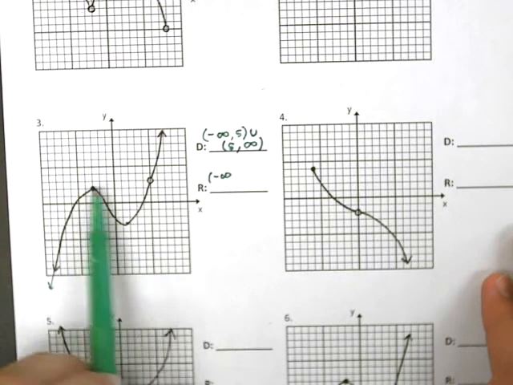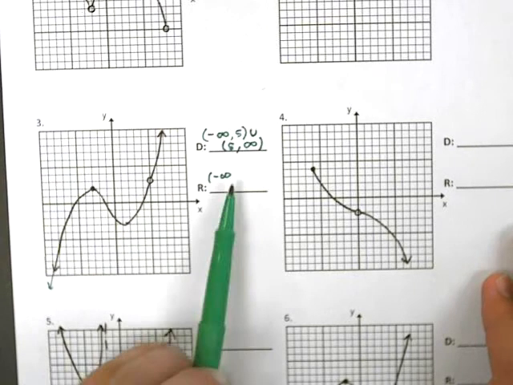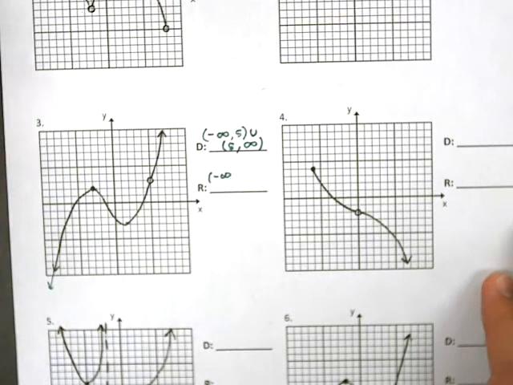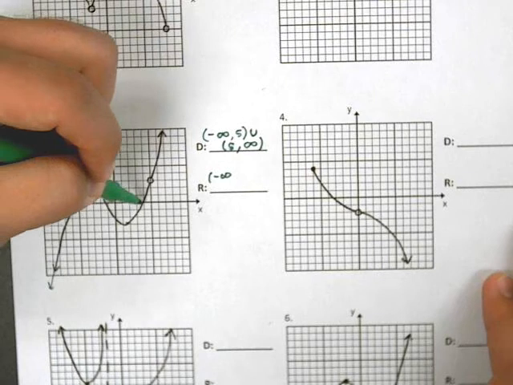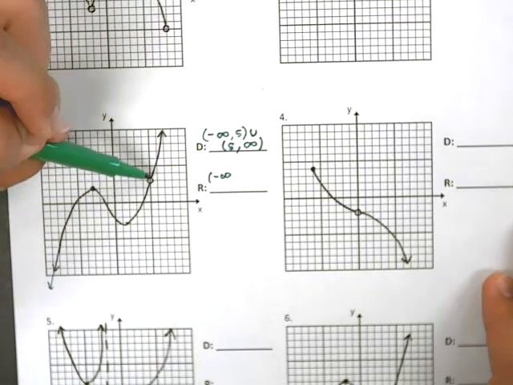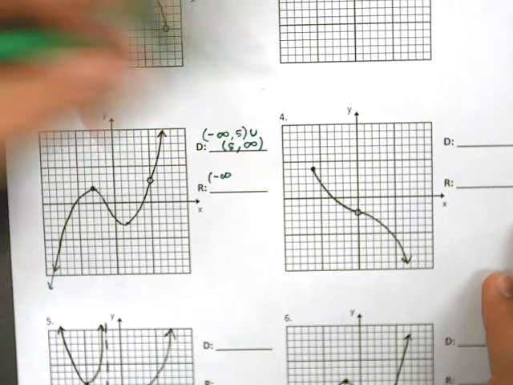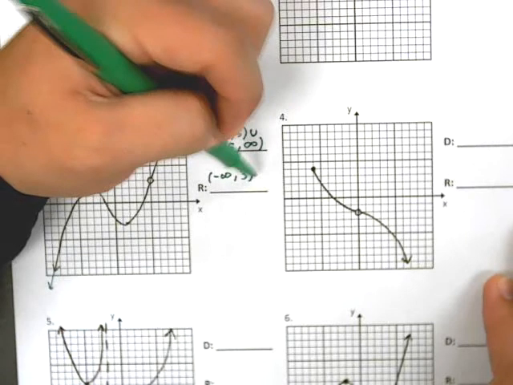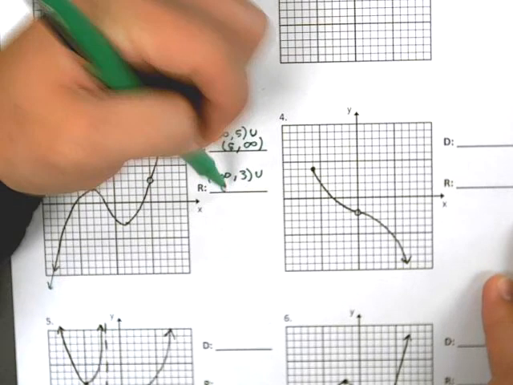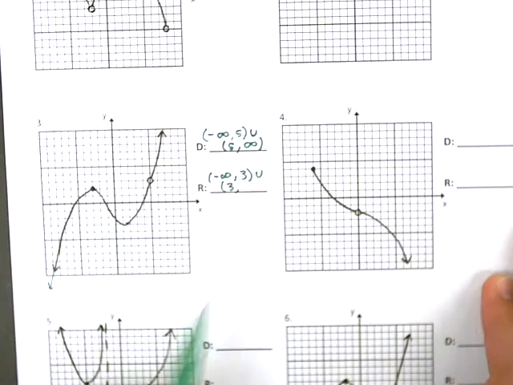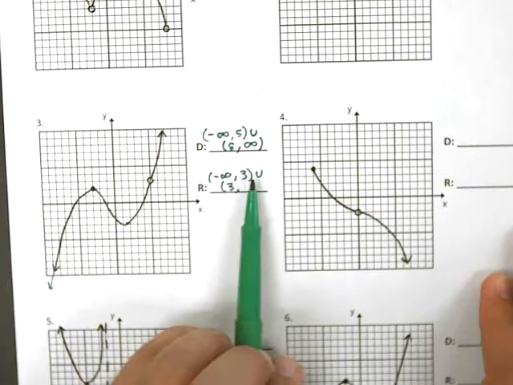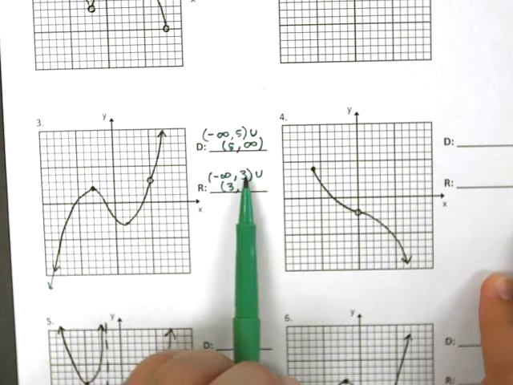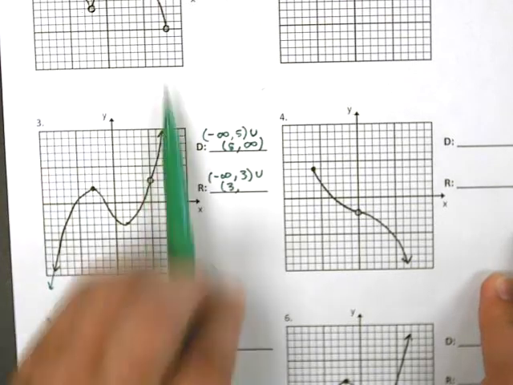So we have to include that hole in our range when we write the range. So that means that as we go up, this graph will never ever be y equals 3, so we cannot include it. We have to make a hole in our interval notation. So it goes to 3, it picks right back up at 3, and then it goes up forever.